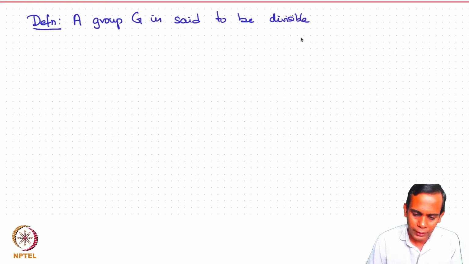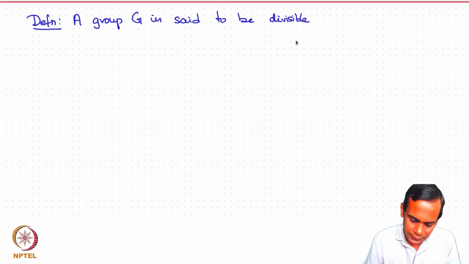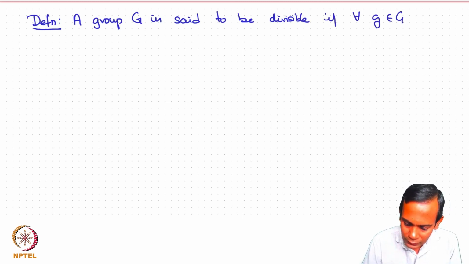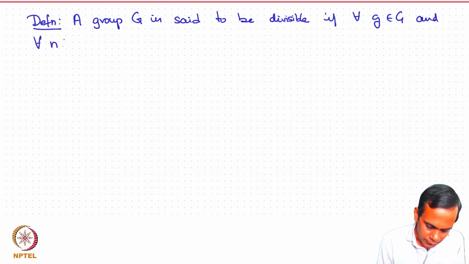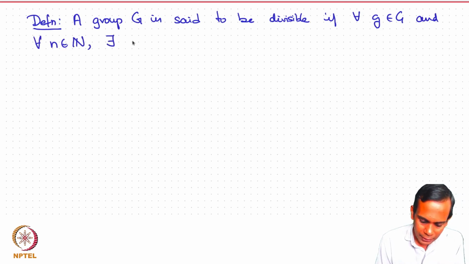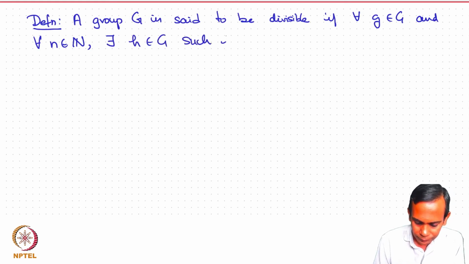So if you can divide something into equal parts. So if for every element g in G, that g can be divided into n equal parts. And for every natural number n, there exists an element h in G such that h to the n is equal to g.